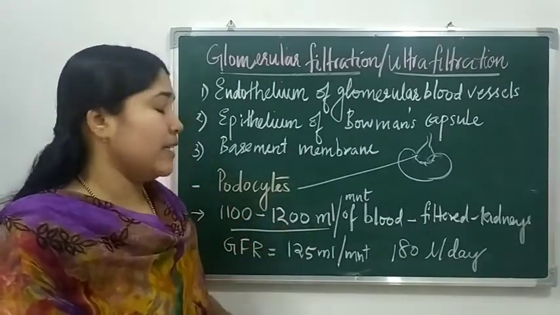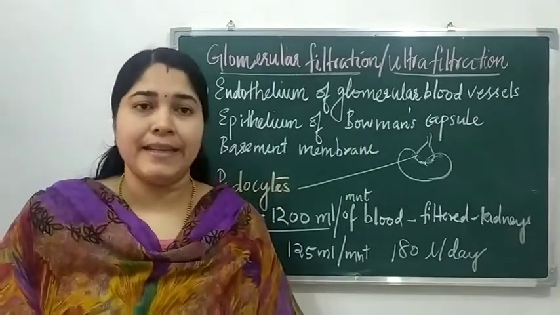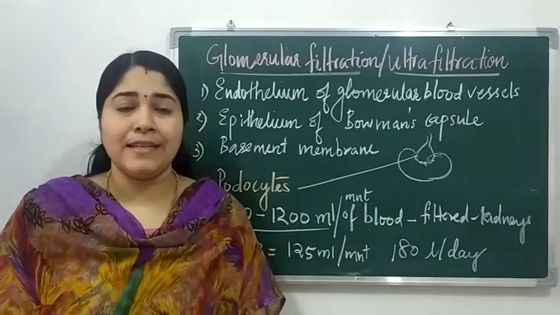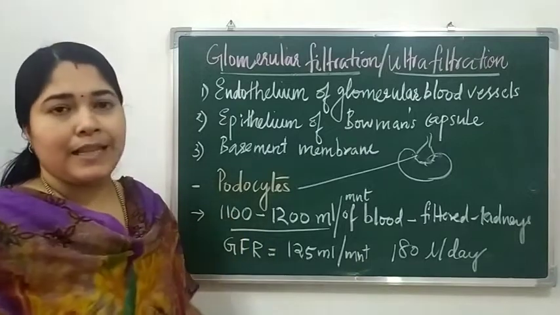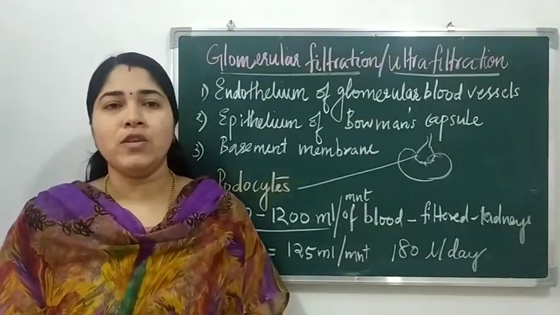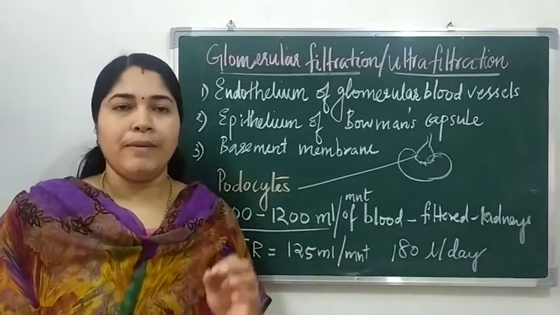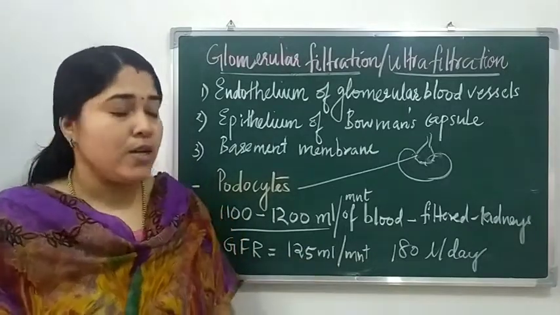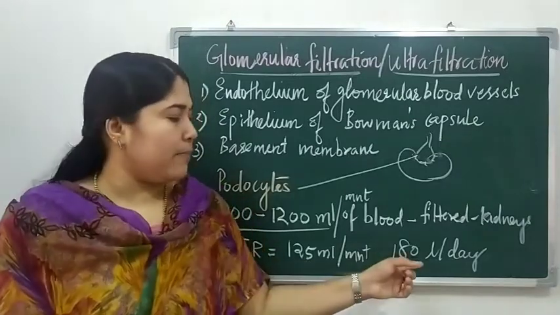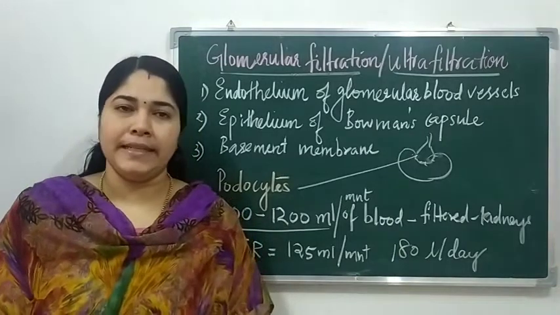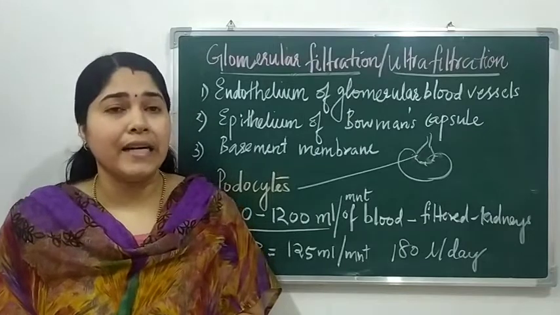How much filtrate is formed in the glomerulus is the glomerular filtration rate, which we call GFR. The GFR for a normal individual is about 125 ml per minute, and for a day, it is about 180 liters per day. This is about glomerular filtration, or ultrafiltration.